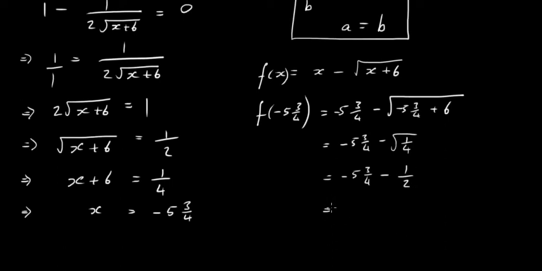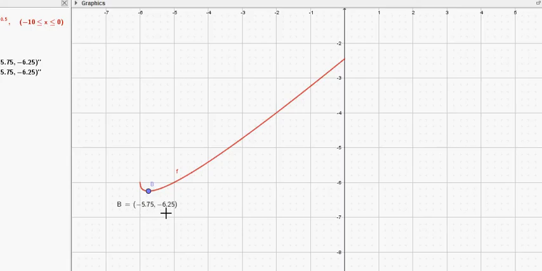So here we end up with minus 5 3/4 minus a half, that's minus 6 1/4. So our final answer here, our turning point is minus 5 3/4 and minus 6 1/4. So we saw that from our graph here. Our turning point here is minus 5 3/4, minus 6 1/4. And that's really it for this particular question.